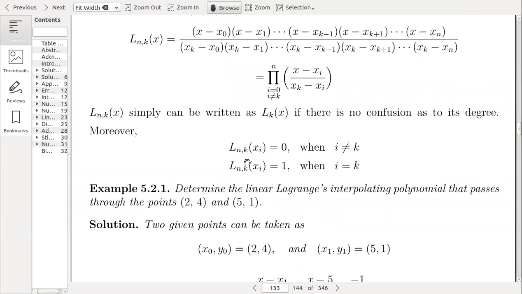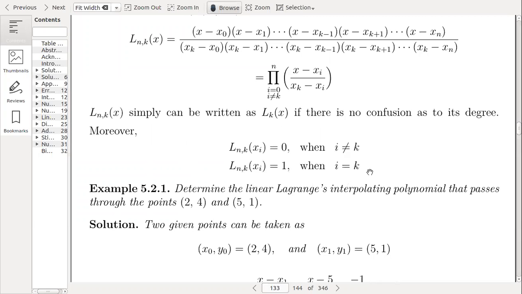Moreover, L n,k of xi is equal to 0 when i is not equal to k. So this is another advantage. All the factors with i not equal to k will be 0, and all the factors with i equal to k will be 1.